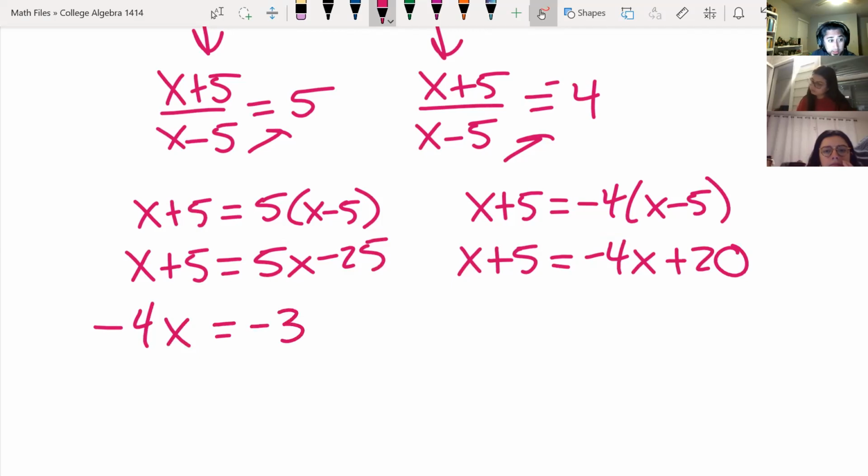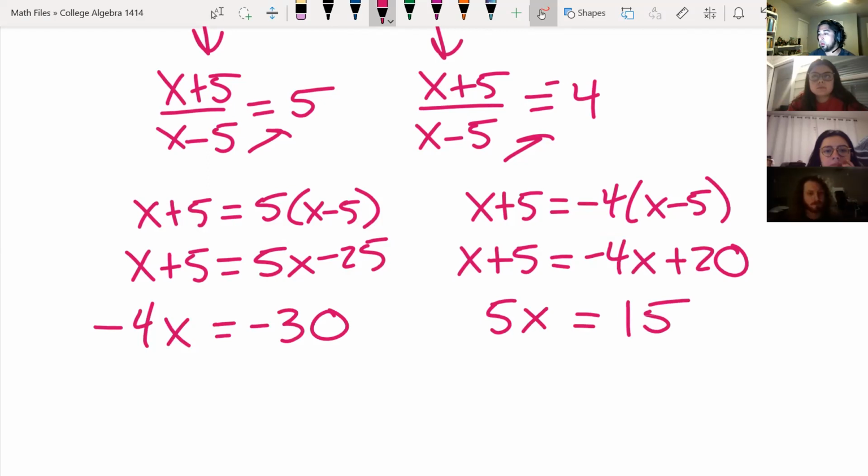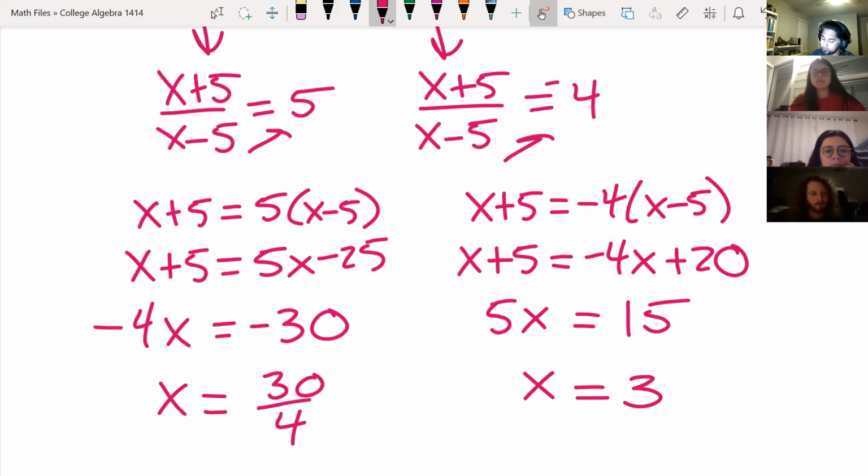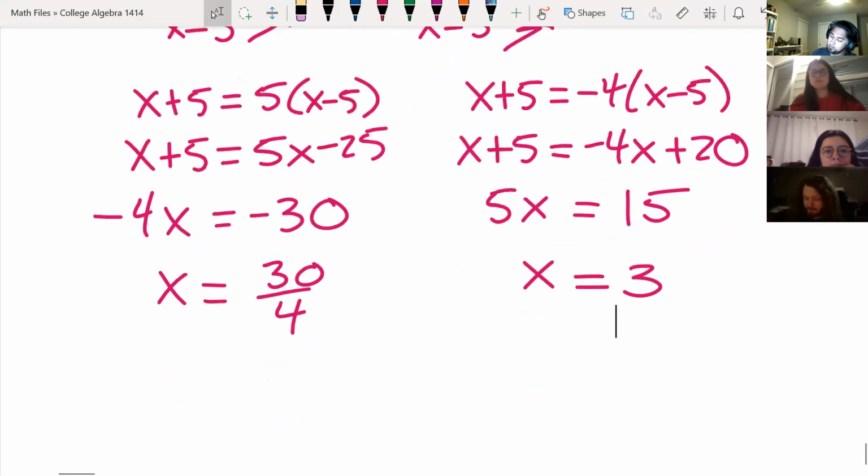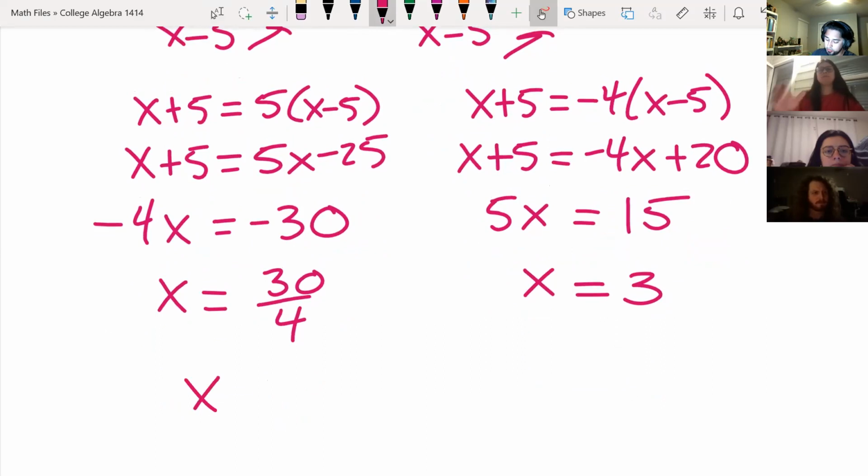Minus 5 gives me -30. Then add 4x, I get 5x. Minus 5, I get 15. Okay. Then divide by -4, you get 30 over 4. Divide by 5, you get x equals 3. And then this would reduce to 15 over 2.